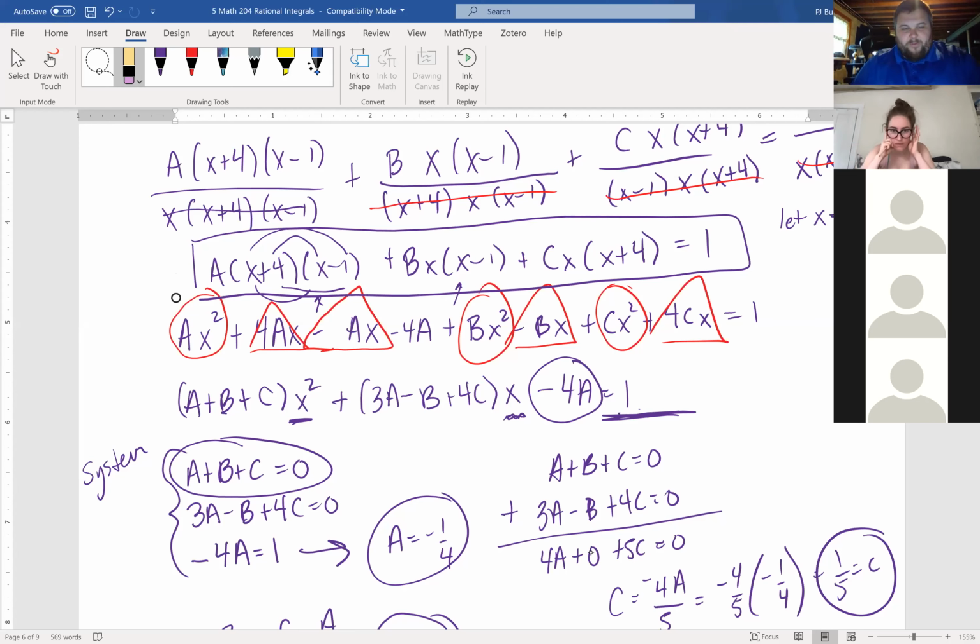What happens to both of those terms? They're going to go to 0, right? So if you block those out, then you just have C times X times X plus 4 has to equal 1. Or in this case, C times 1 plus 4 has to equal 1. 1 plus 4 is 5. That tells me C is 1/5.